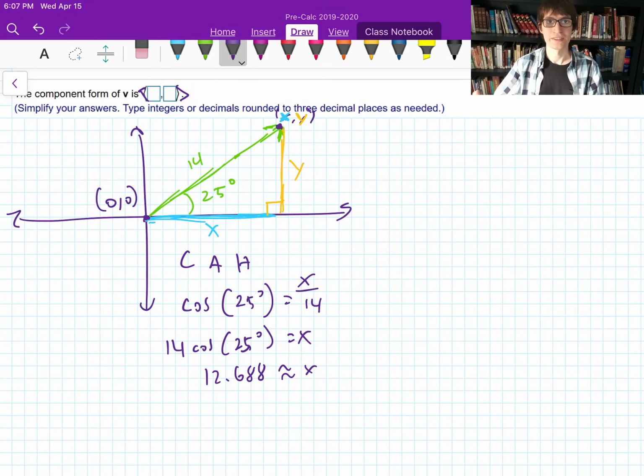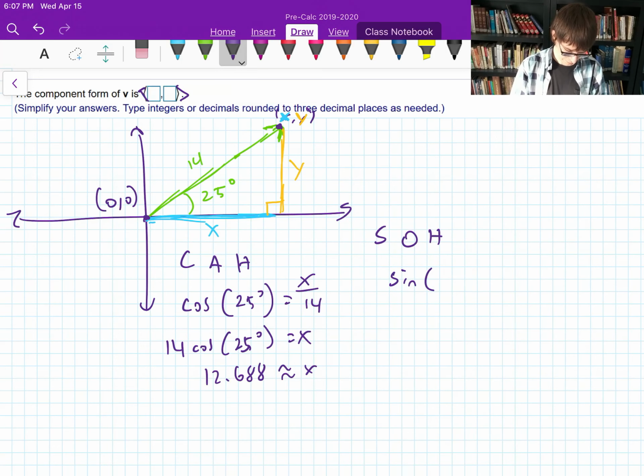You can probably guess what we need to do here. We've got the opposite side of 25 degrees, and we've got the hypotenuse. We're looking for that side, so we'll use sine. So sine of 25 degrees equals the opposite over the hypotenuse, equals y over 14.